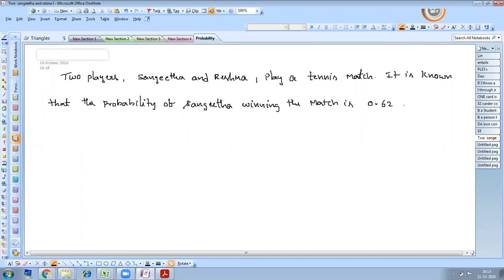What is the probability of Reshma winning the match?